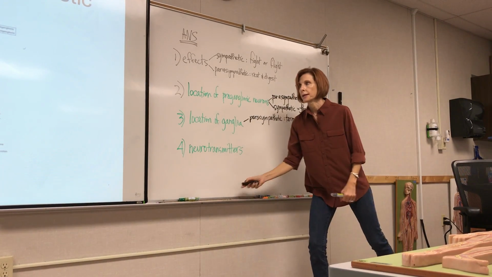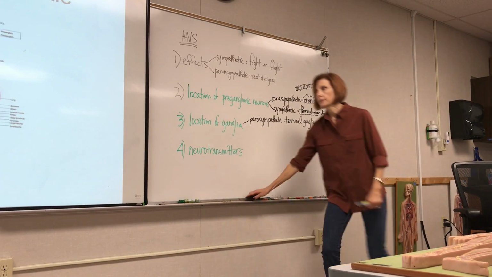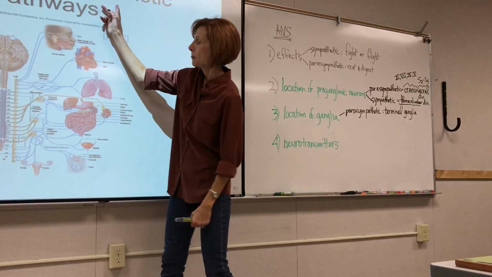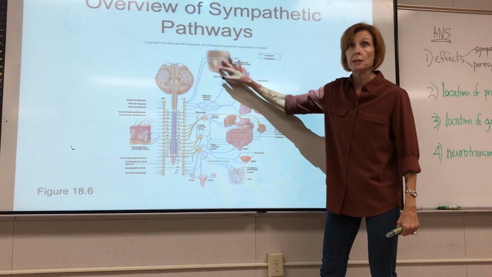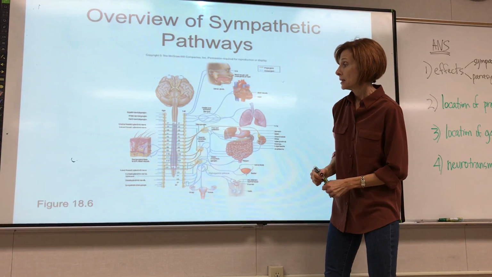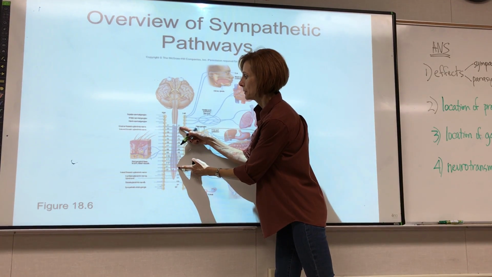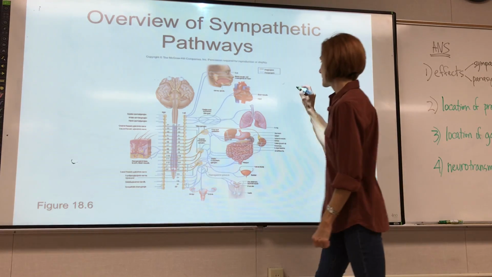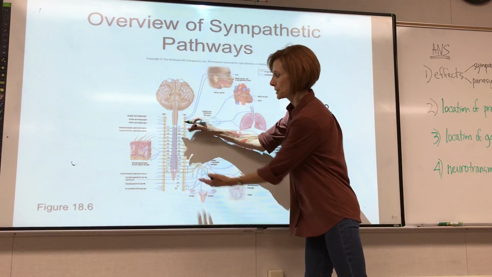Let's take a look at that. It is shown here. So this is sympathetic. Notice it looks kind of the same as the last picture because we see all the same tissues that are supplied by these neurons. But notice where these neurons are coming from now. They're coming from the middle part of the spinal cord, T1 through L2 levels of the cord.